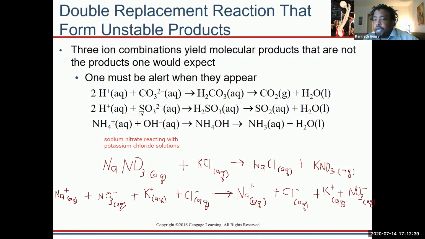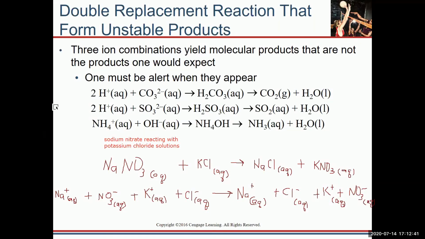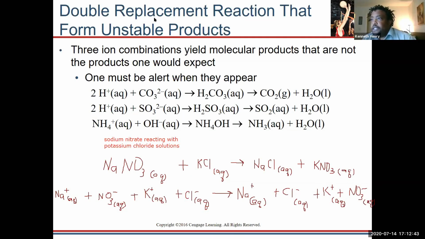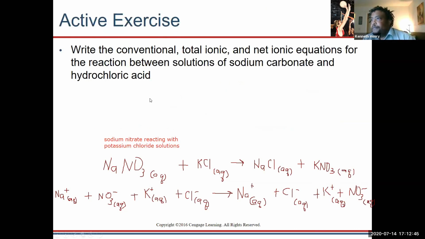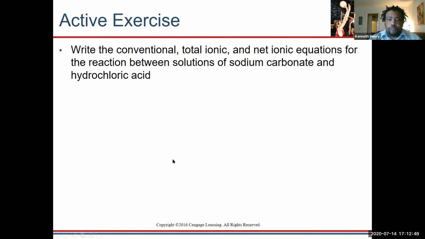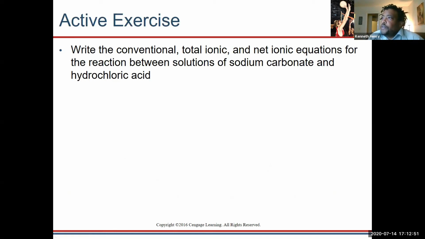In this case, I'll give you an example of the unstable states. If we write down the conventional, total ionic and net ionic equation for the reaction between sodium carbonate and hydrochloric acid.